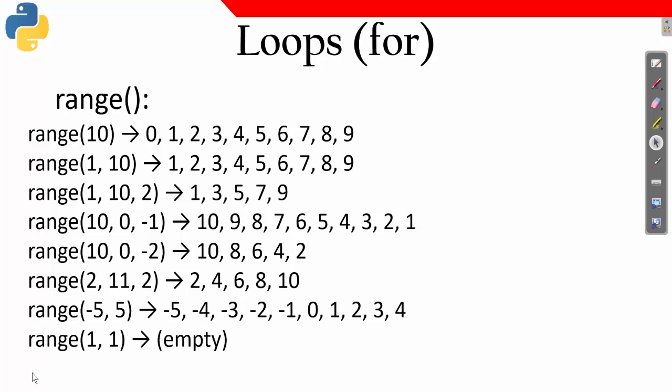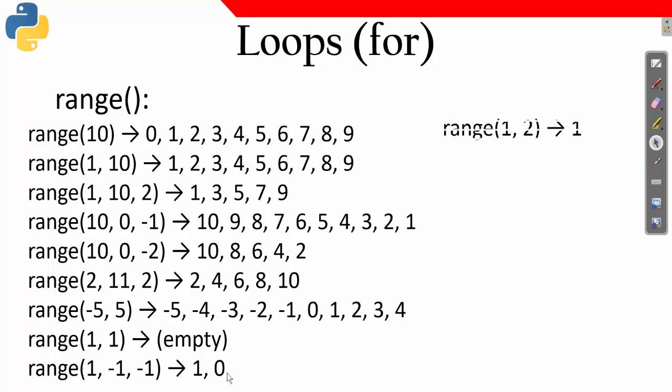If I am writing 1 to 1, the same number to the same number, it will give me an empty result. If I am writing 1, -1 and -1, it means starting with 1, I am going up to 0 with a decrement of -1, so 1 and 0 will be printed.